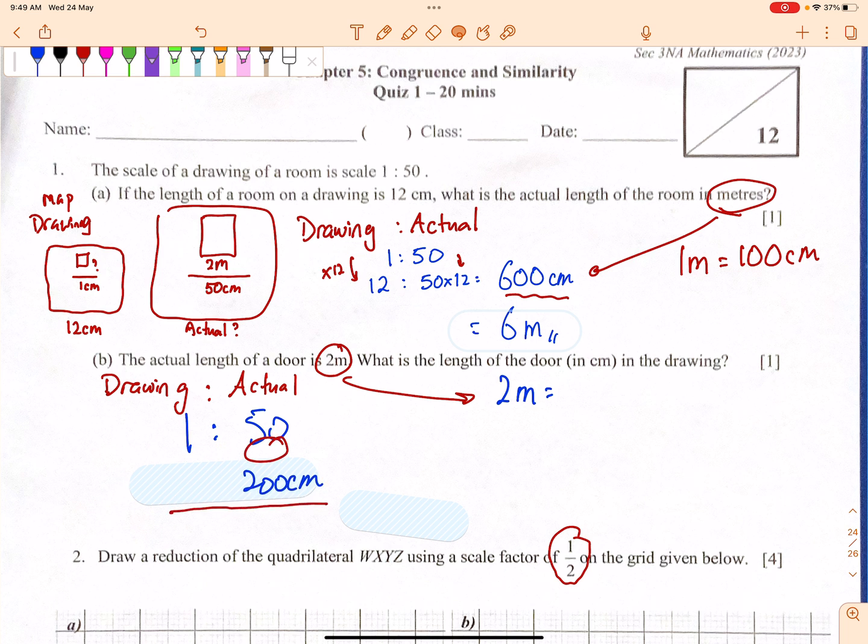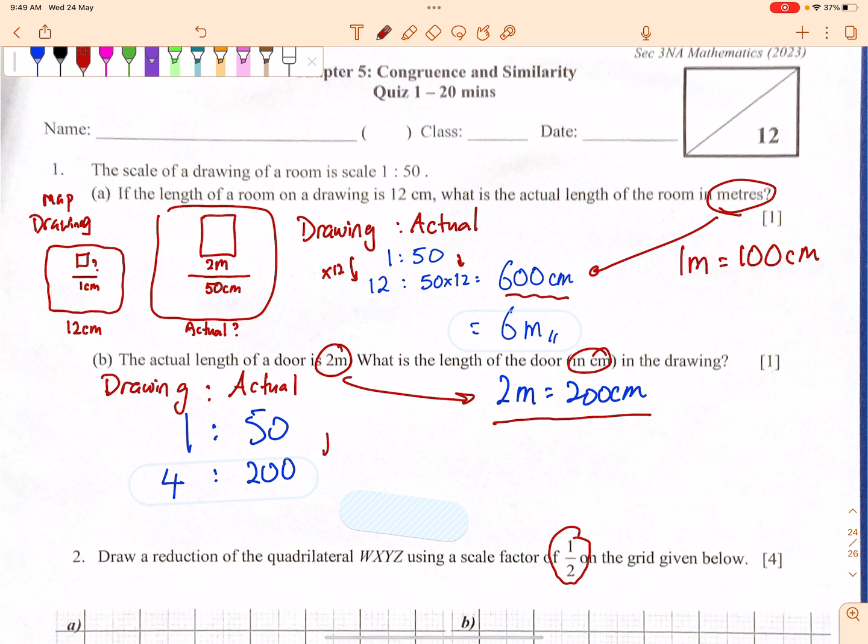So I see that actually 200 cm is the actual door, so I place the 200 cm under the actual, right? So which means I will ask myself, how do I get from 50 to 200? I can get it easily by multiplying by 4. So I can also multiply by 4 here. So the answer is 4 cm.